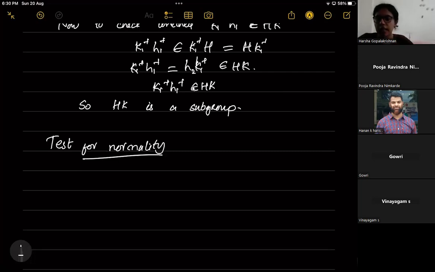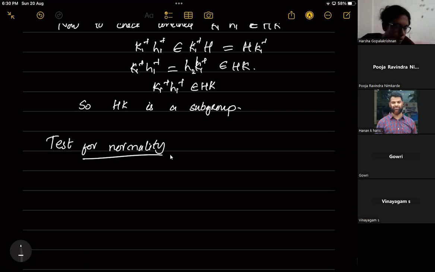So, in the lectures, the professor covered a test for normality. If H is a subgroup of G, there exists a necessary and sufficient condition for H to be a normal subgroup. Does anyone remember that test?